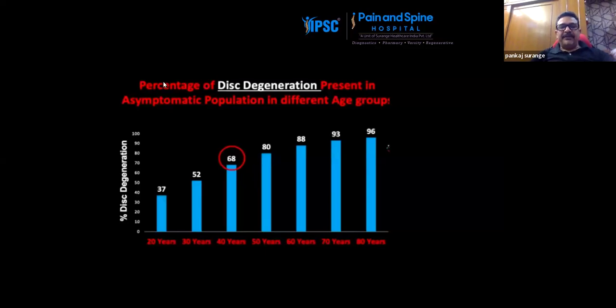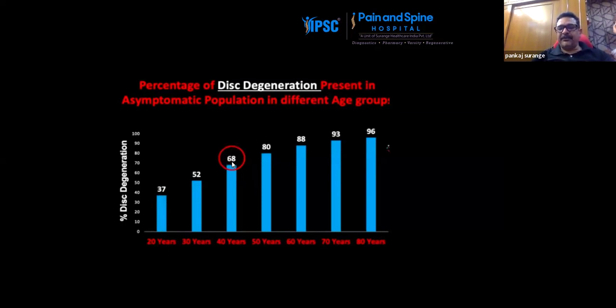But before that, we must understand. Now look at this graph. This is a very important study which was done as a multi-center study. It shows the percentage of disc degeneration present in asymptomatic patients. That means these are patients who never had any back pain. Look at this, the percentage of disc degeneration. At 20 years, 37% of patients had evidence of disc degeneration on MRIs.